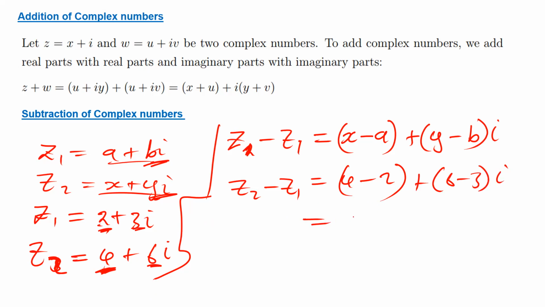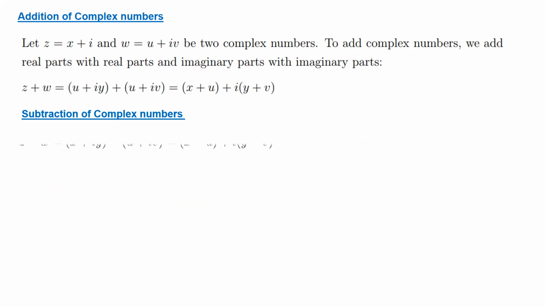So when you do the subtraction there, we have 2 plus 3i. So this is what you get as the solution. All right, so let's quickly move on.